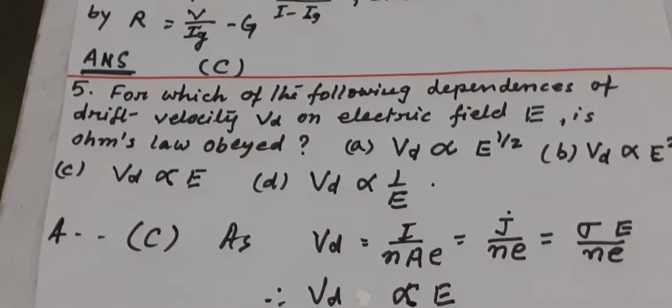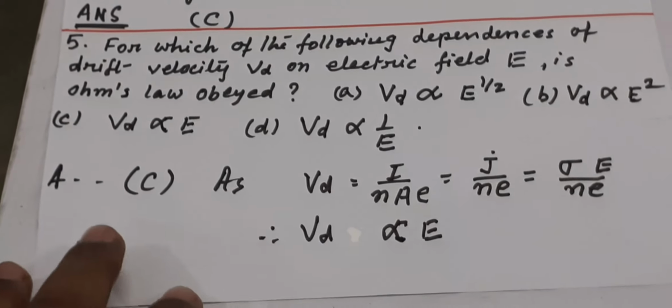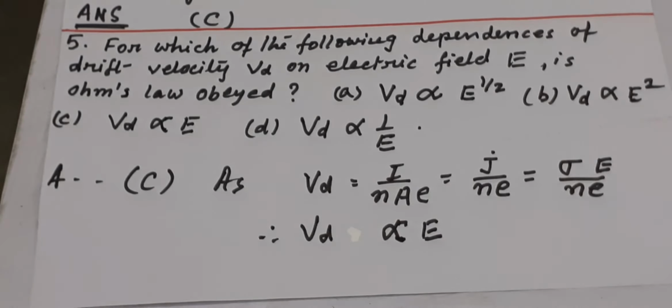Now there are 4 choices: v_d proportional to E to the power half, v_d proportional to E square, C is v_d proportional to E, and the next choice, v_d inversely proportional to E.